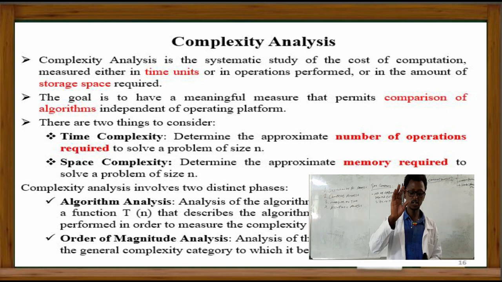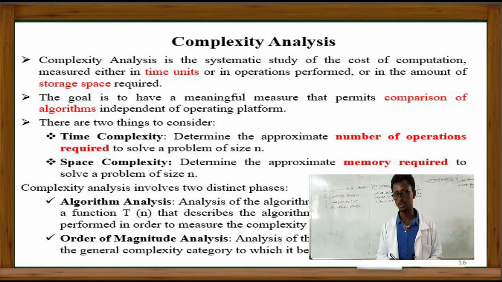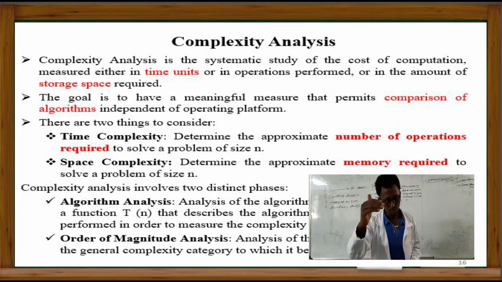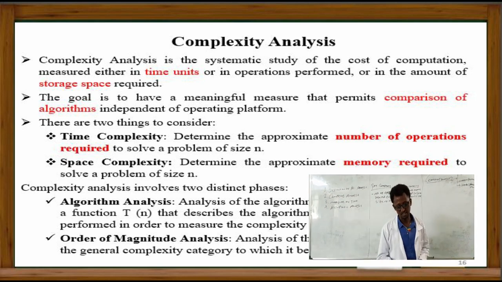Good. So these are the two things that we always consider for a given algorithm: time complexity and space complexity.